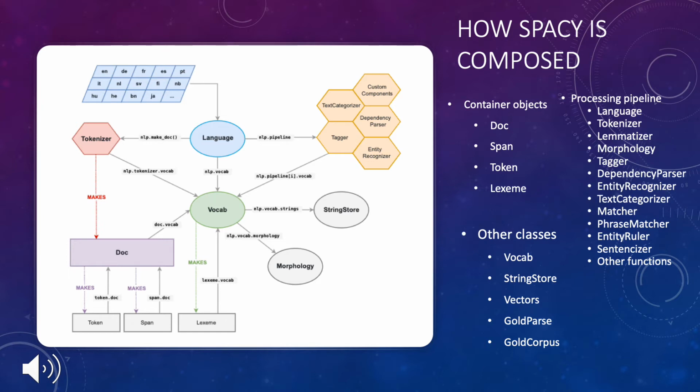String store maps strings to hash values. Vectors are a container class for the vector data that is keyed by the string. Gold parse is a collection for training annotations, and gold corpus is an annotated corpus created using JSON. It manages the annotations for tagging and dependency parsing. The image provided shows how all the interworking parts intertwine with one another.